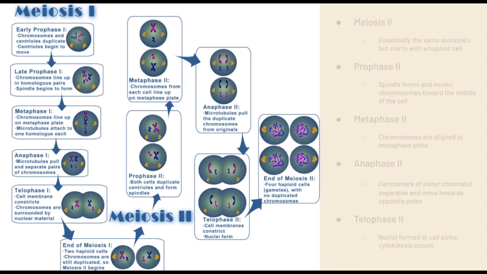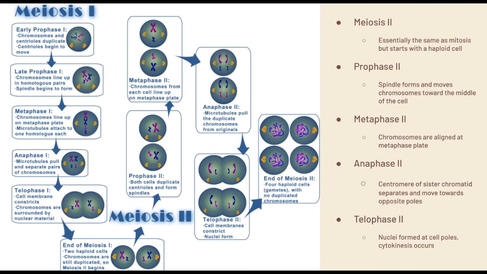This is why we have meiosis 2. It is essentially the same as mitosis, but starts with a haploid cell. In prophase 2, spindle fibers form and move chromosomes towards the middle of the cell. In metaphase 2, chromosomes are aligned at the metaphase plate.